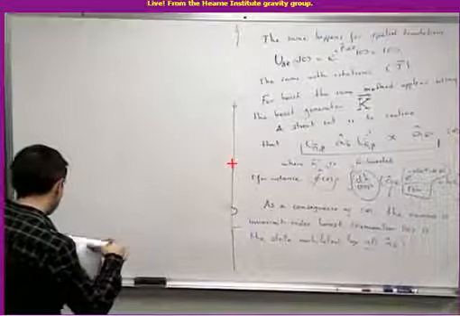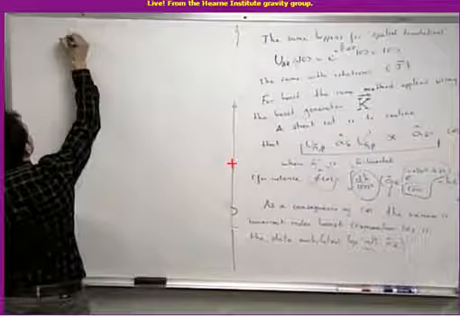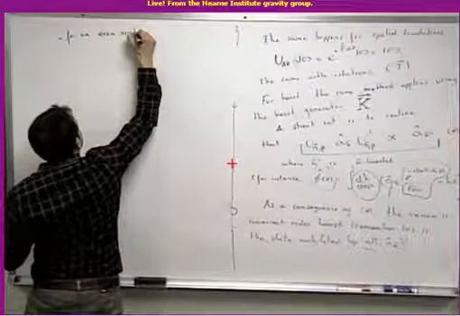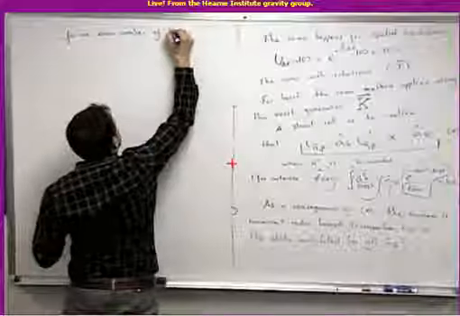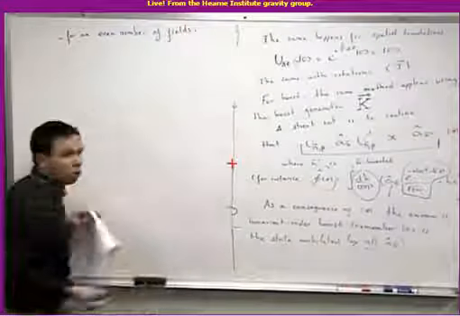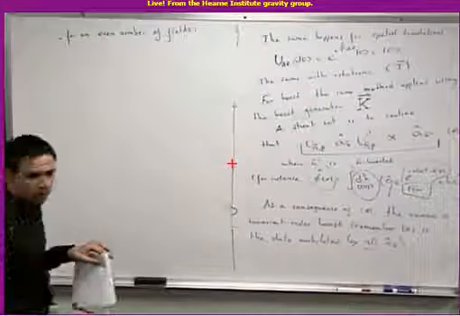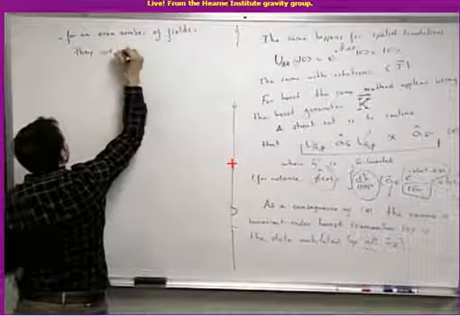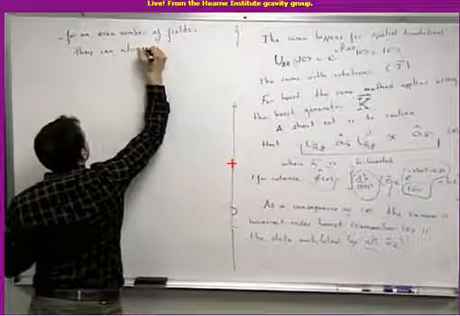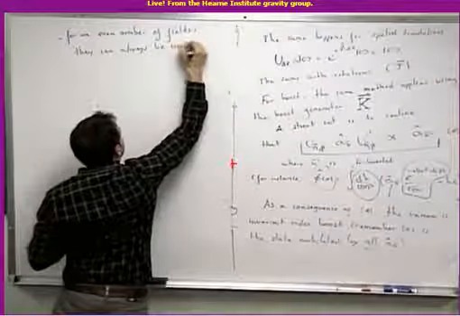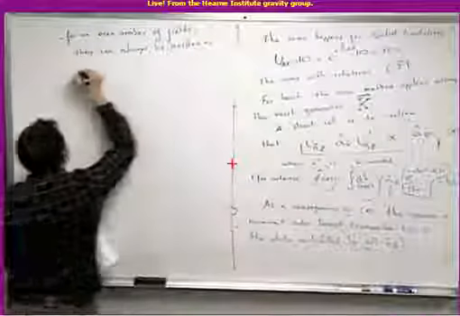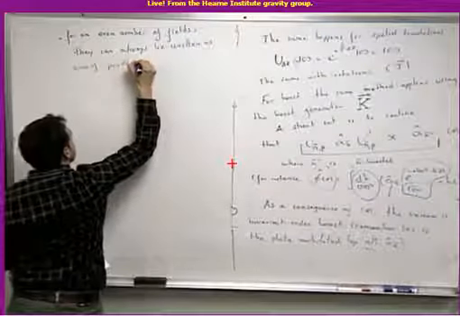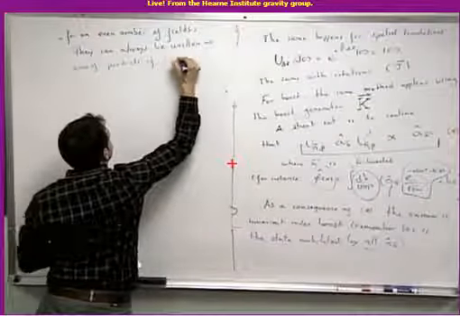And for an even number of fields, who knows what happens? They can always be written as sums of products of 2-point functions.